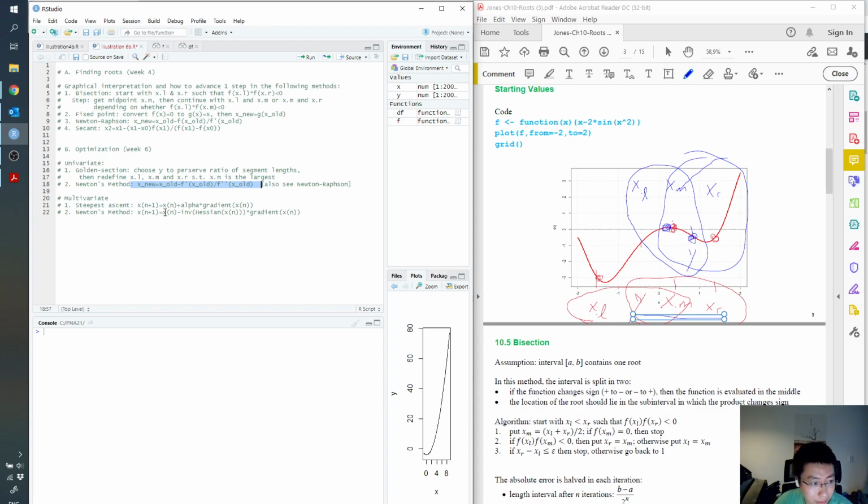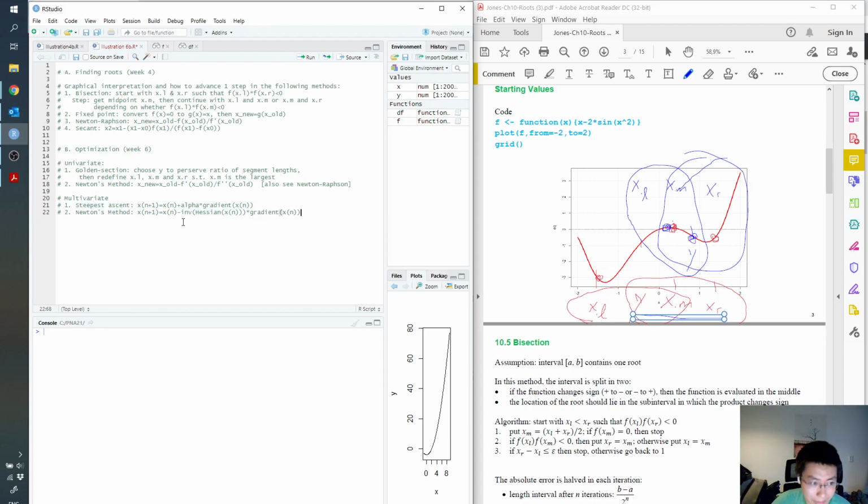So instead of this derivative of f, I have the gradient evaluated at this x old, where again here the xn is no longer going to be a single point, but it's going to be a vector. And then instead of dividing by the second derivative here, I'm multiplying by the inverse of the Hessian.